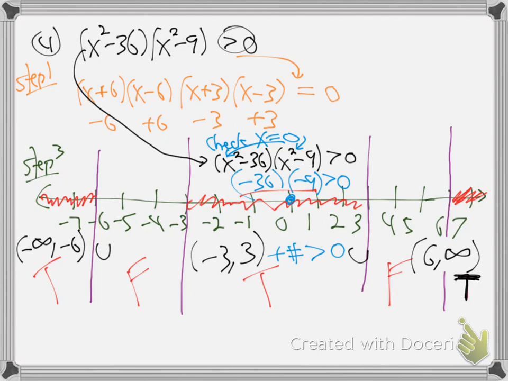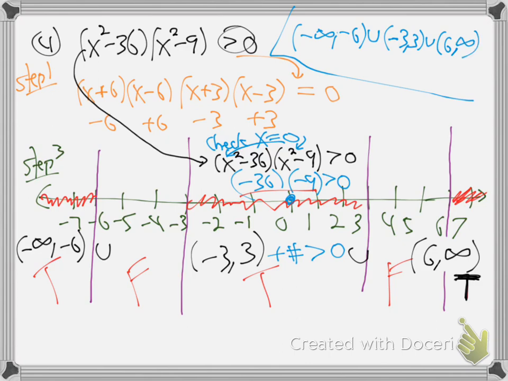Negative infinity, negative 6, united. When you type your answer in Excel, you're going to have to put the union symbol. They have that on the template, a little U there.